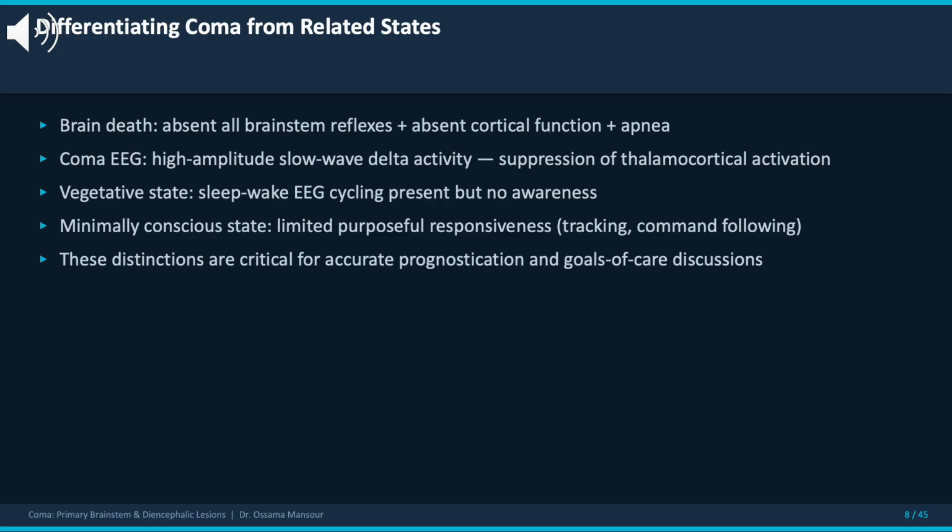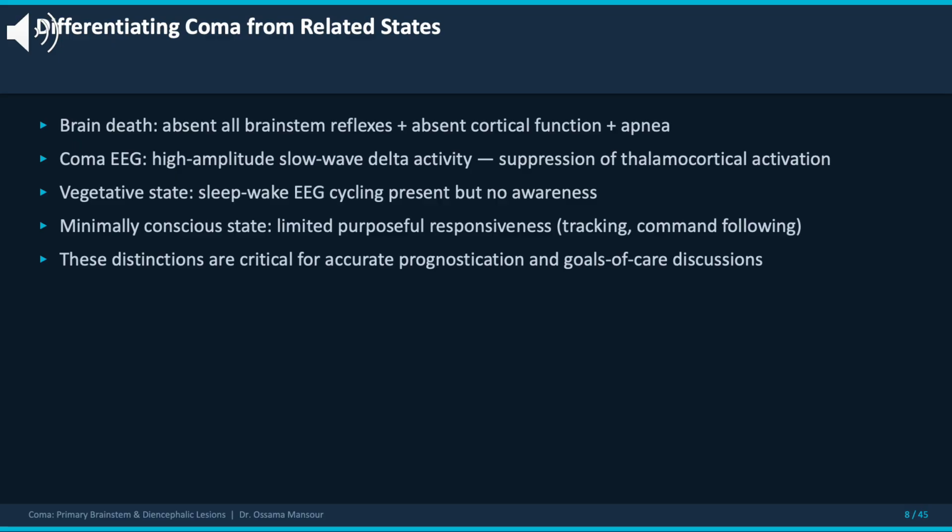Coma typically manifests on EEG with high amplitude slow wave activity in the delta frequency range, suggesting suppression of the direct and indirect activating pathways projecting from the thalami to the bilateral cerebral cortex. The vegetative state consists of an unresponsive wakefulness pattern where EEG findings characteristic of the sleep-wake cycle become evident.